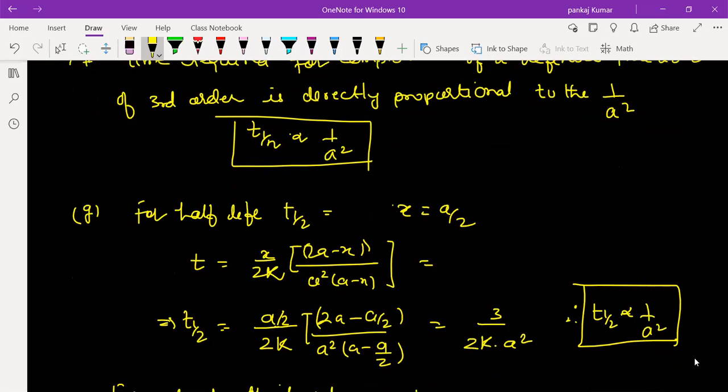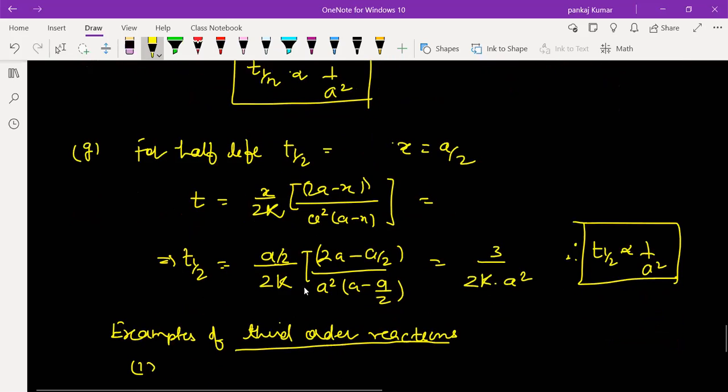And sir, here I am getting 3 by 2k into a, not a square. How is that possible? 2a minus a.